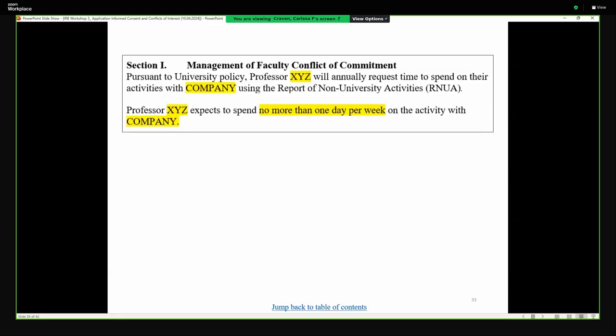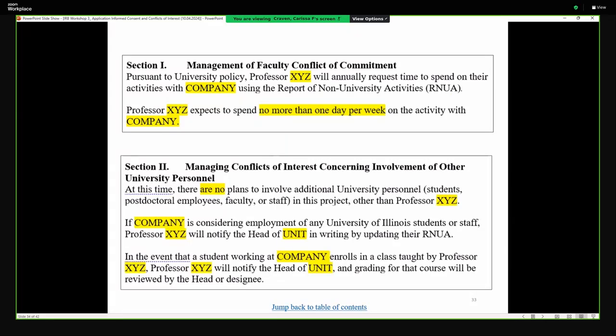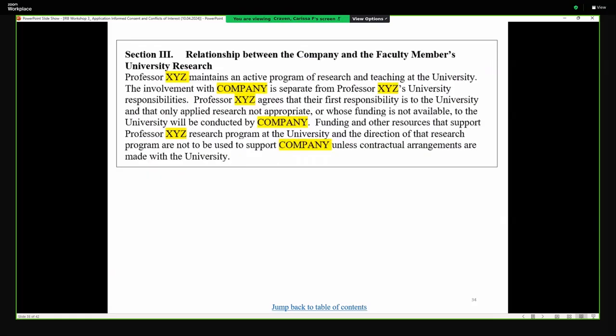So the first section is managing it. The second section is managing it concerning involvement of other university individuals. Sometimes it doesn't apply, sometimes it does. Section 3 is the relationship between the company and the faculty member or the academic staff or whoever is involved.